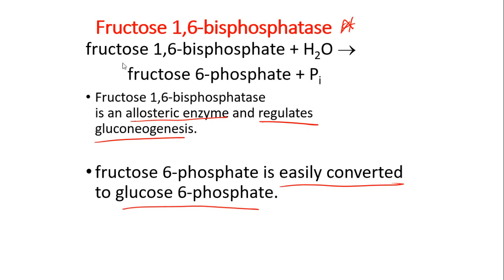Remember in glycolysis, we saw glucose 6 phosphate being converted to fructose 6 phosphate by isomerization, isn't it? So that simply means that because this can be converted to that, and that reaction was reversible, that can easily be converted back to this one.